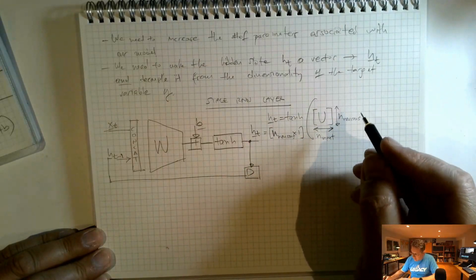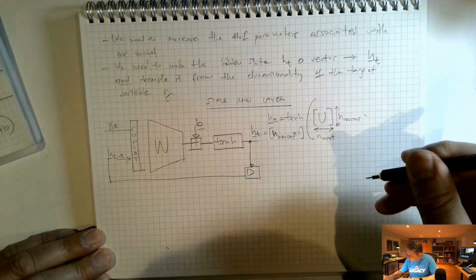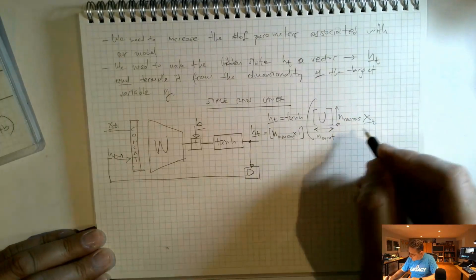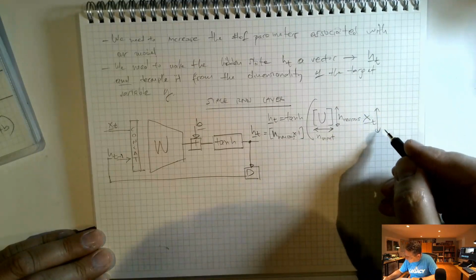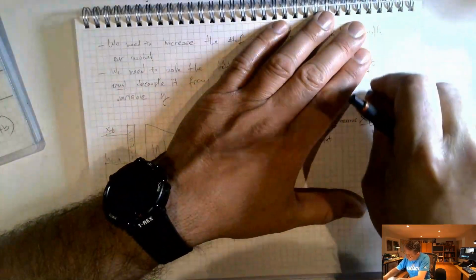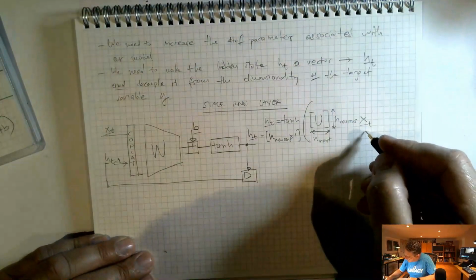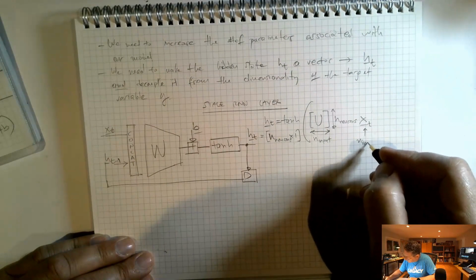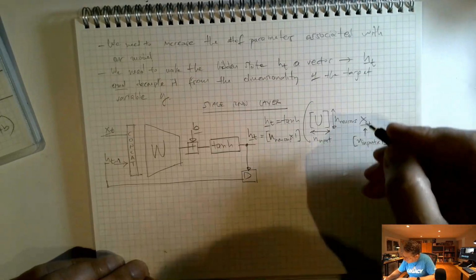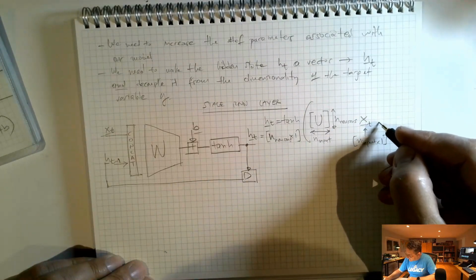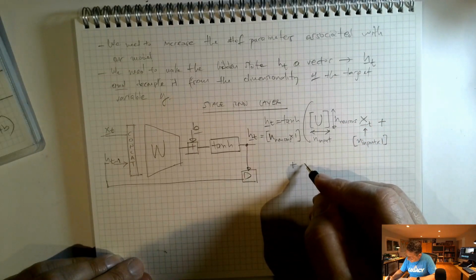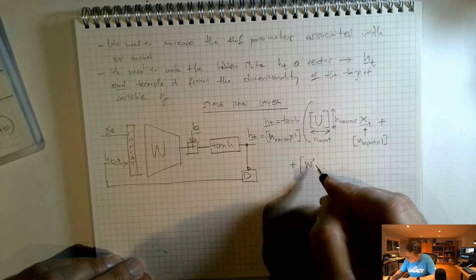So U will be multiplied with x of t, obviously, because it refers to the input. x of t is a column vector of n input rows. Let me write the dimensionality of x of t over here: n input by 1. So that's the input. And this is now a plus sign, plus, and we're going to have a W prime matrix.